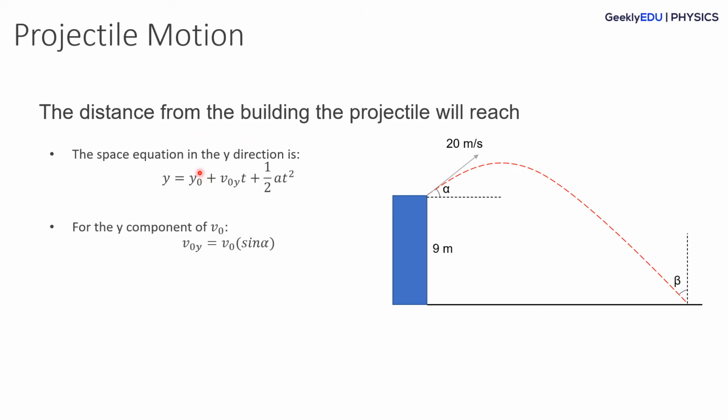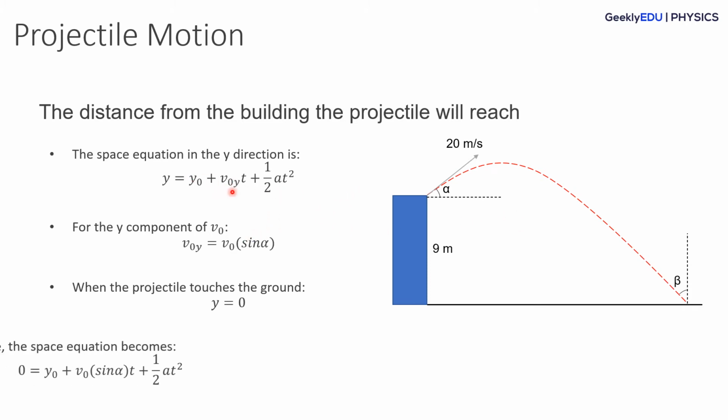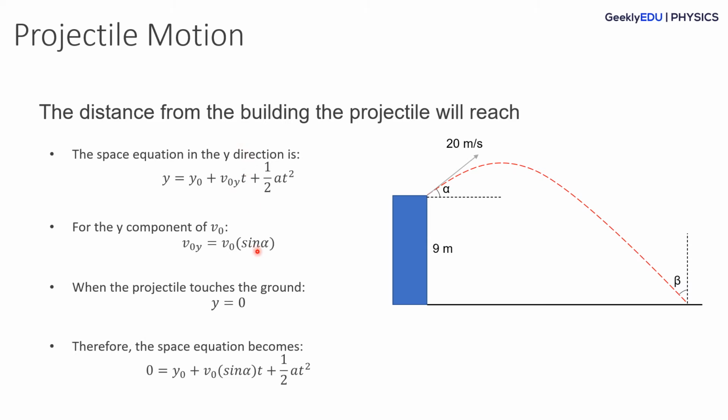We also know that for the y component, v0y equals v0 times the sine of this angle here. We also know that when the projectile touches the ground, at this point, y equals 0. If we add these two things here in the space equation, it becomes this expression.